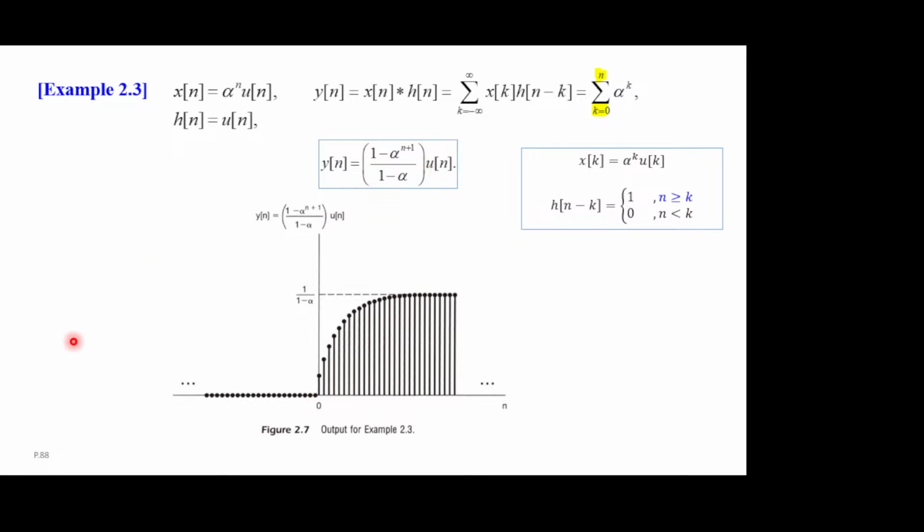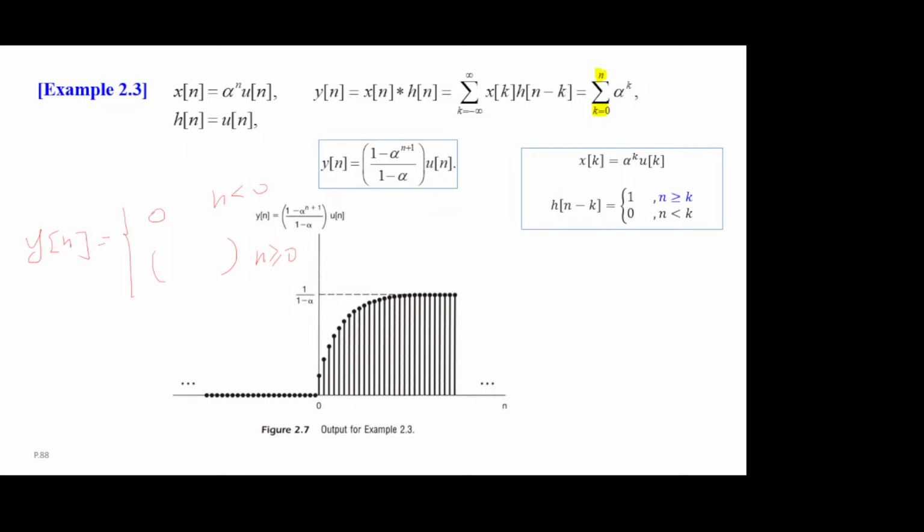You can either write u of n here, or sometimes in your answer we just write this in cases. Okay, so you can also just write y of n equal to 0 for n less than 0, and whatever thing here for n greater or equal to 0. So this is also a valid answer, but you need to be careful about the cases.